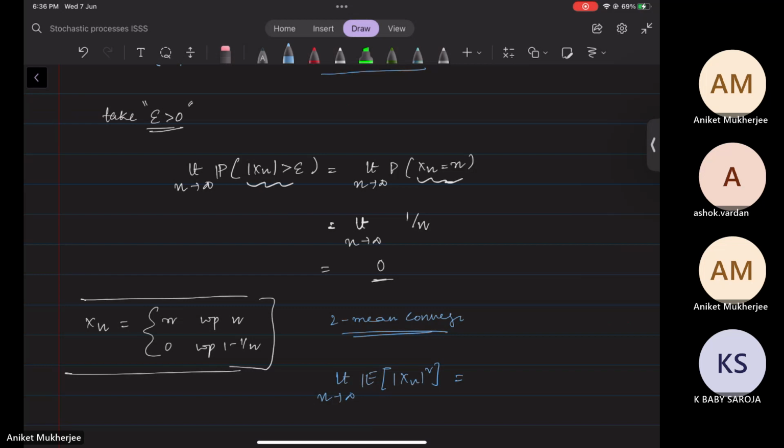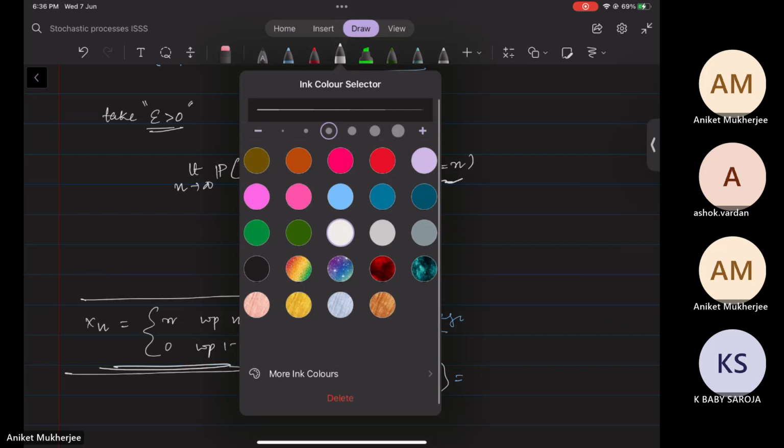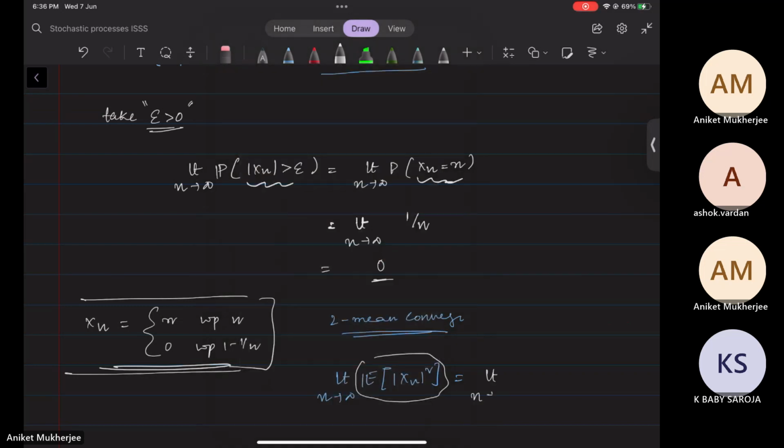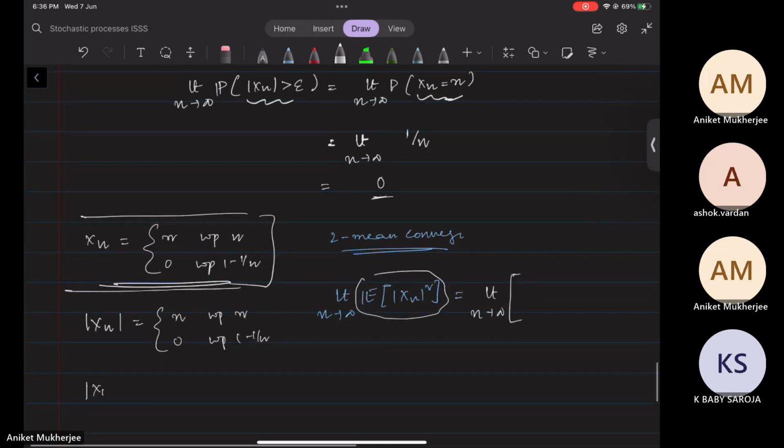Could you calculate the expectation? Mod Xn would also be n because n is always positive, with probability 1 by n, and 0 with probability 1 minus 1 by n. Mod Xn square would be n square with probability 1 by n, and 0 square is 0.